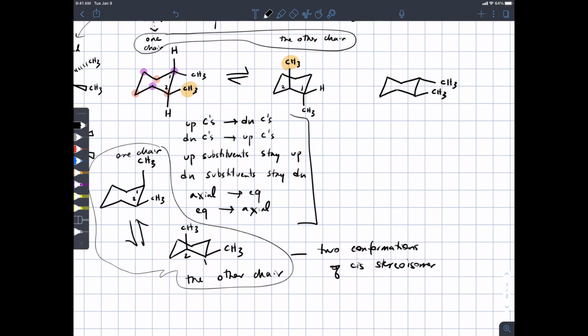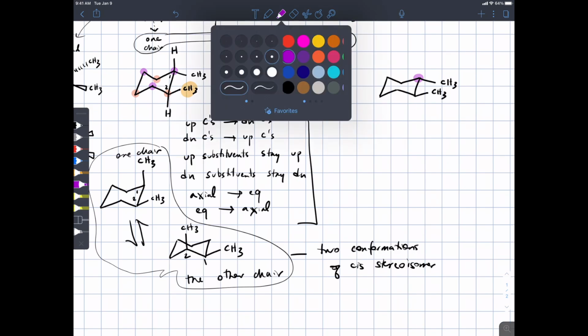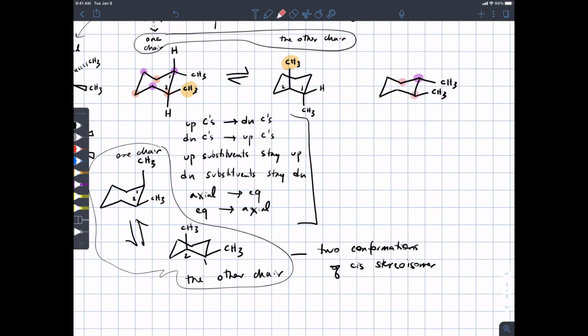what happens is we're gonna take this up carbon and the two adjacent down carbons. The up carbon we're going to flip downward, rotating that group downward, and the two down carbons we're going to flip or rotate upward.